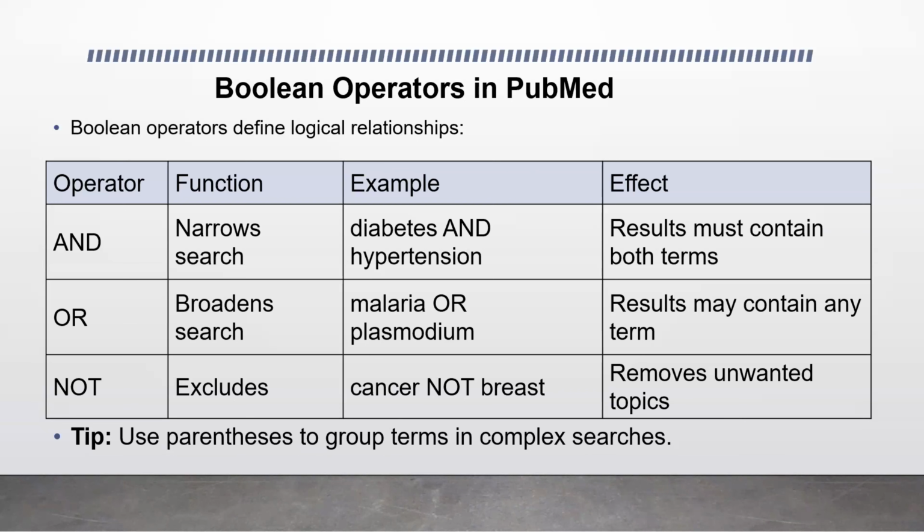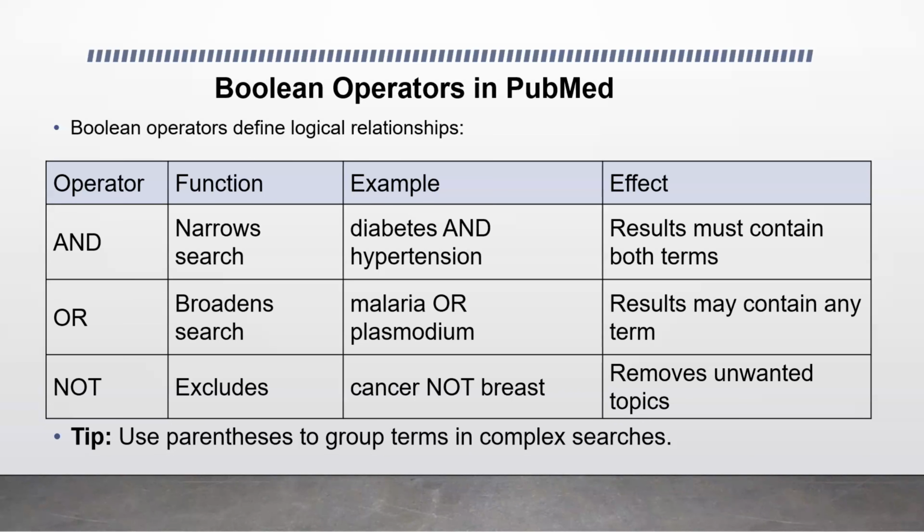But when you use the Boolean operator AND, it narrows the search, like when you say, for example, pregnant women AND maternal health, these are different concepts. So it narrows the search, but it gives you relevant search results.